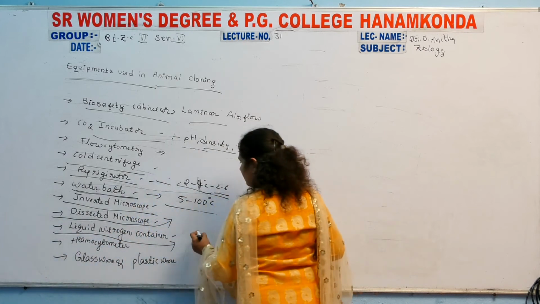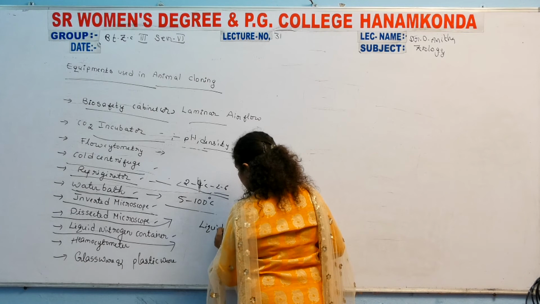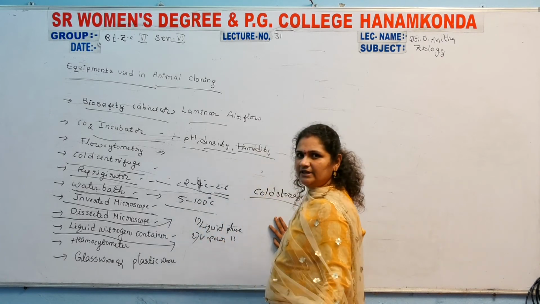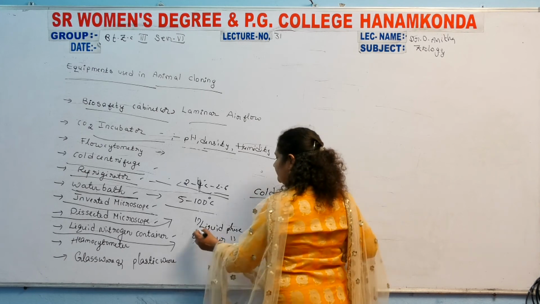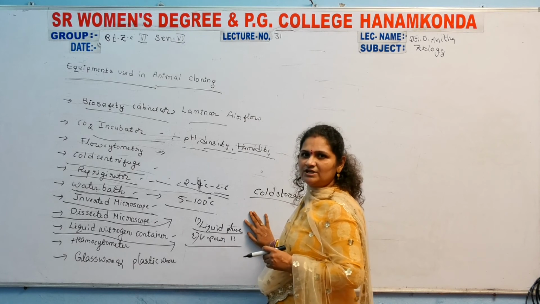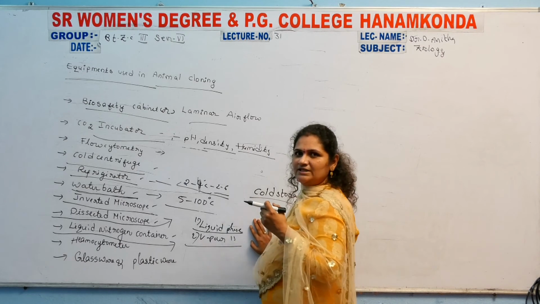And a liquid nitrogen container. It mainly contains a liquid phase and a vapor phase. Means the liquid nitrogen container may contain two types: the liquid phase, the liquid state, and the vapor state. Vapor means the nitrogen in the chamber is completely in an evaporated condition, and in the liquid phase it is in a liquid state.